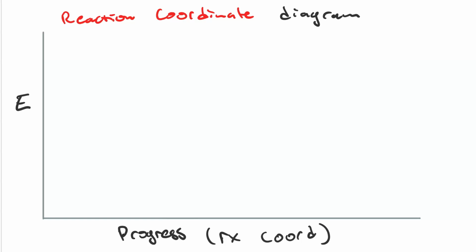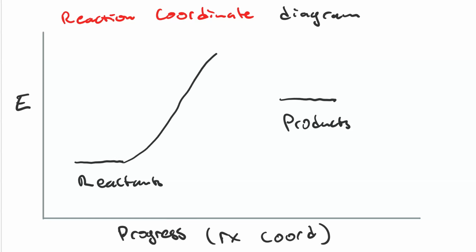A generic reaction coordinate diagram has the energy of the reactants near the left-hand side and the energy of the products on the right-hand side. And then there's a pathway with a hump to get over.